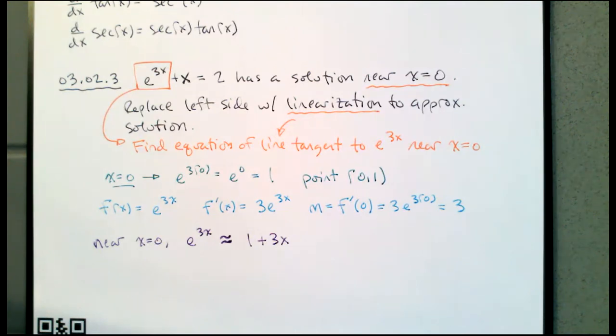Further away from 0, the approximation gets worse. But near 0, this is a good approximation. Near 0, this is the best linear approximation.